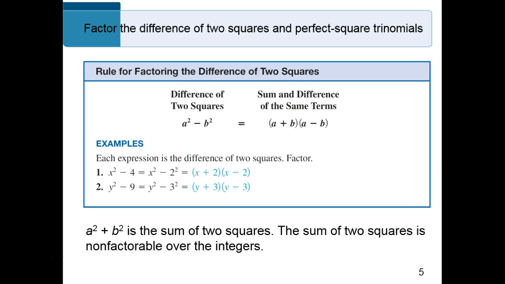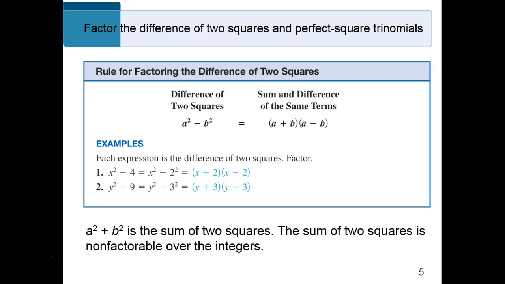You don't have to write it; it's on top of page 17 in module 11, the rule for factoring the difference of two perfect squares. A squared minus b squared is just a plus b times a minus b.